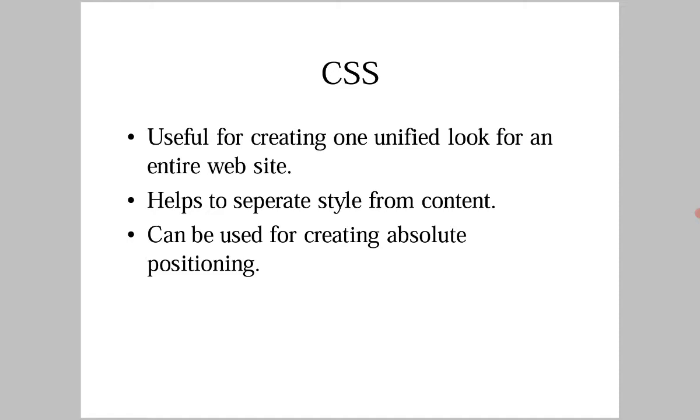So it helps to separate style from content. Generally CSS or style sheet code is maintained separately or created separately, without including it in the main HTML code. Generally they are created and maintained in separate CSS files.